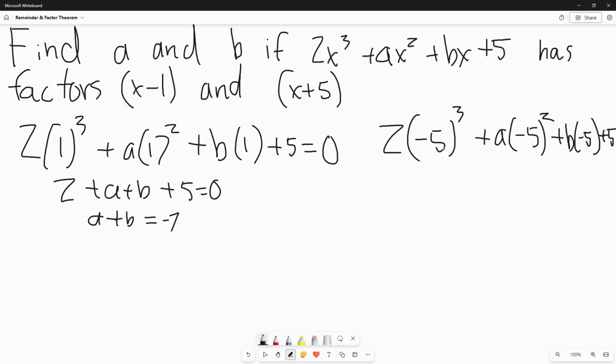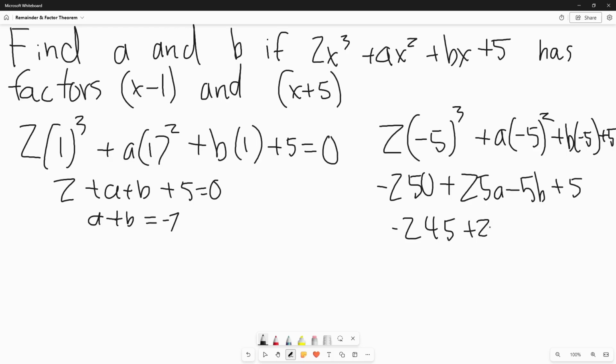And now -5 cubed is -125 times 2 is -250 plus 25a minus 5b plus 5. And this simplifies to -245 plus 25a minus 5b equals 0.